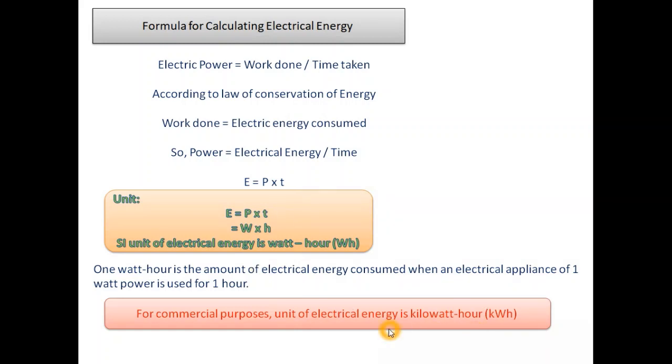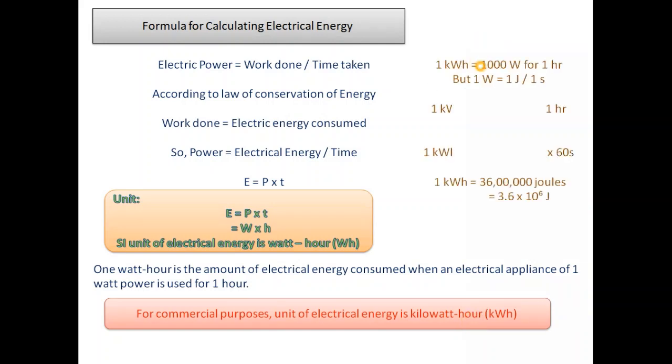Now let's see the relation between the kilowatt hour and the joule, that means how many joules make 1 kilowatt hour. 1 kilowatt hour means the energy consumed at the rate of 1 kilowatt for 1 hour. Here, for 1 kilowatt, I am writing 1000 watts, because 1 kilowatt means 1000 watts.